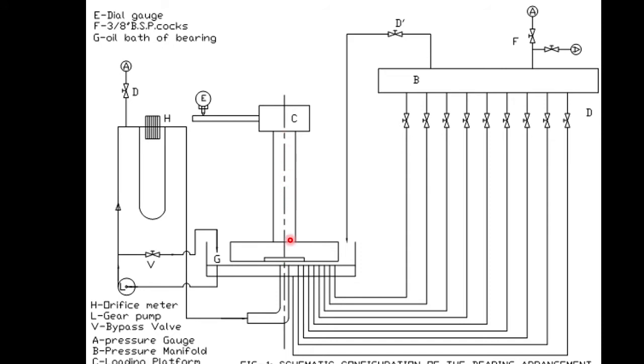It is guided, so it can only rotate, it will not translate. From a top view this is circular, and if we try to rotate it, there is a handle attached.